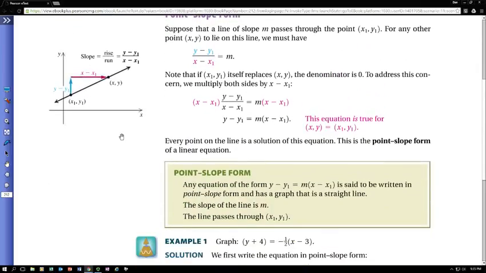Now, if I give you a point and a slope, you should be able to graph that line. You have that ordered pair, and then the slope tells me rise over run, so if I have a rise of 1, I'd go up 1, and if I had a run of 2, I'd go to the right 2, and that takes me to the next point on that line of all the solutions for that equation.